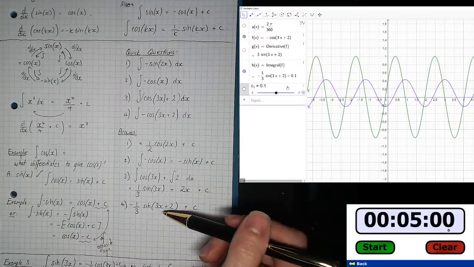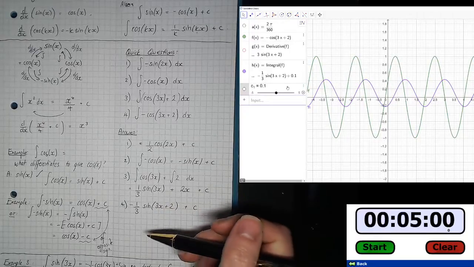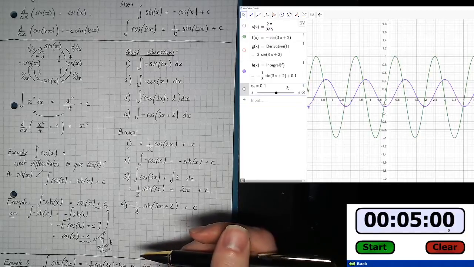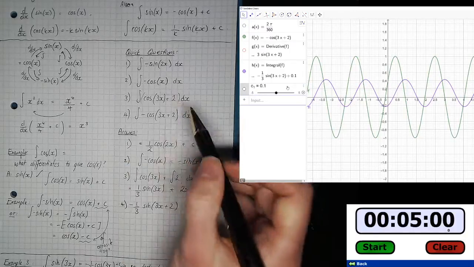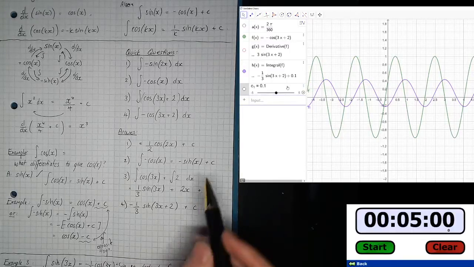With these, you're just making sure that you put your value of x in where you have x's in your expressions. Okay? And that pretty much sums up some of the stuff that you'll do with integration of trig functions as well. Okay?